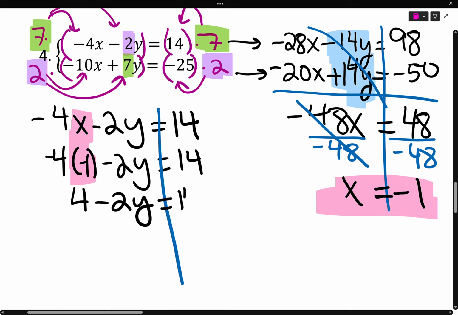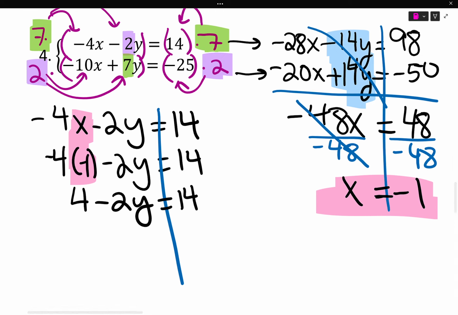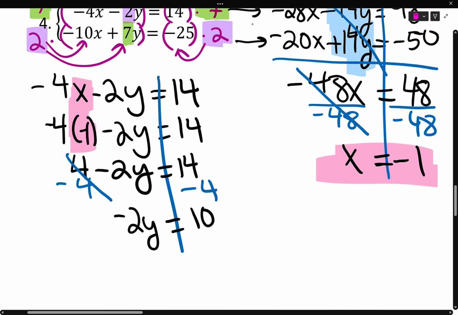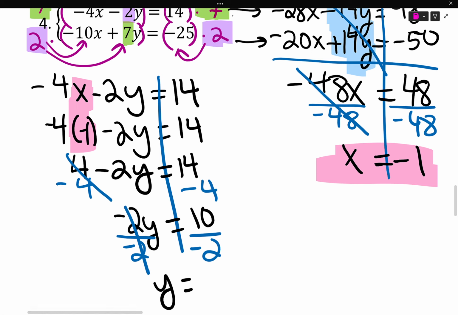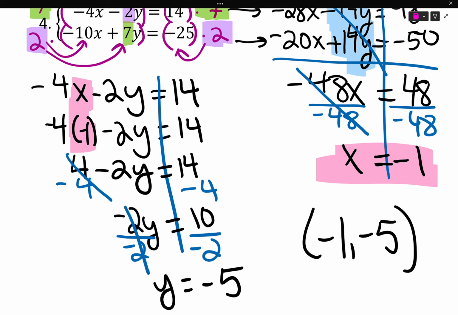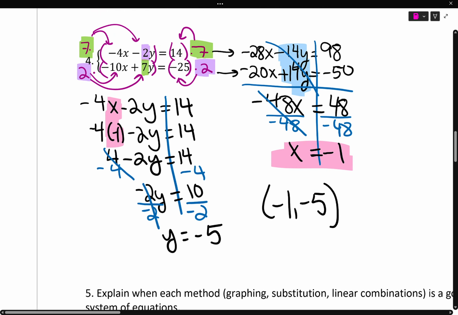Everything else stays the same. Let's minus 4 from both sides. Be very careful, don't forget the negative in front of the 2y, because we're going to have to divide both sides by negative 2. Here's our answer. Negative 1, negative 5.